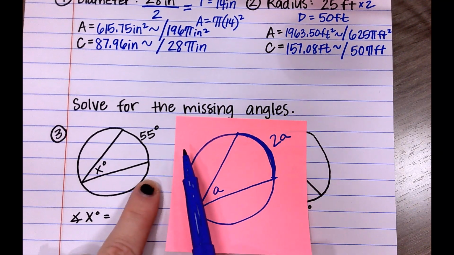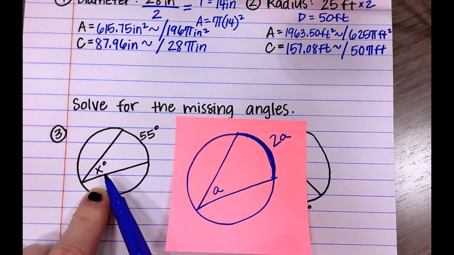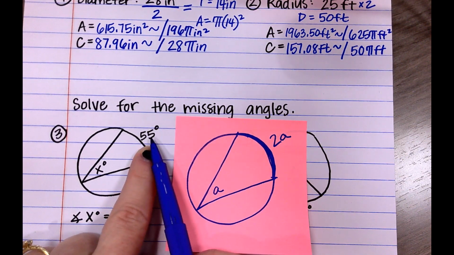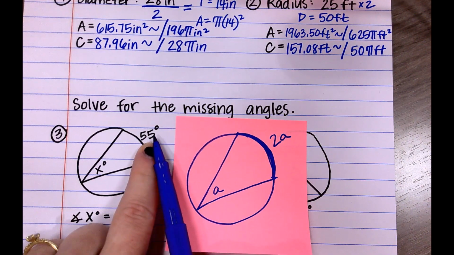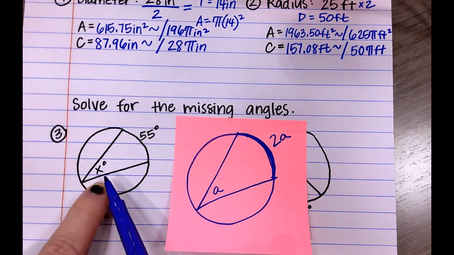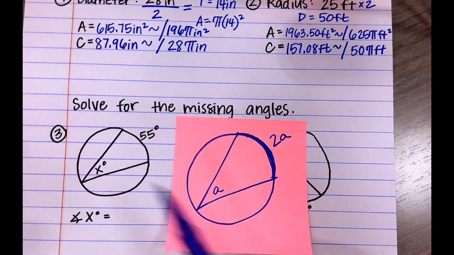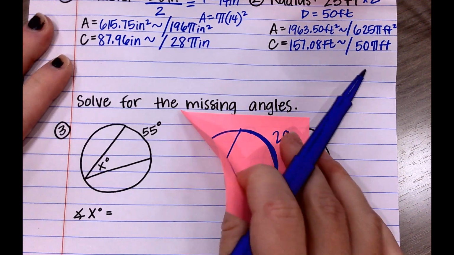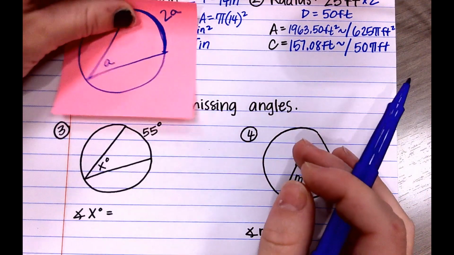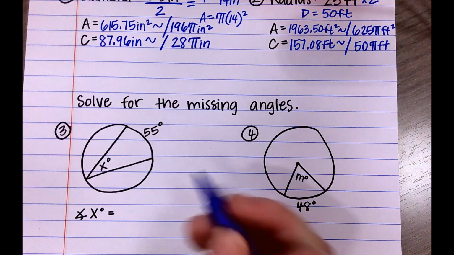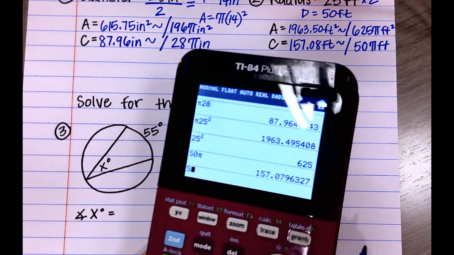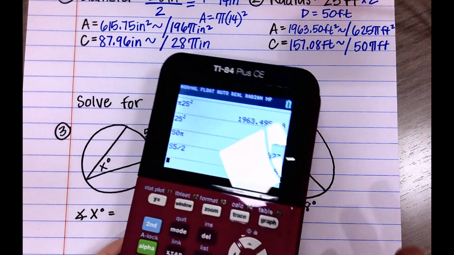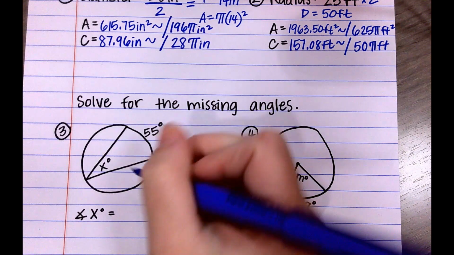So you're correct. We could find x by taking 55 and splitting it in half, because I know that 55 is 2 times x. So to solve for x, we'll just divide by 2. So 27.5. Good. We just do 55 divided by 2, 27.5. Perfect.